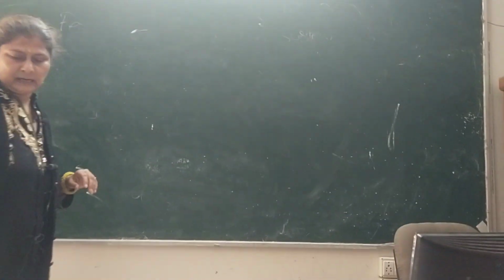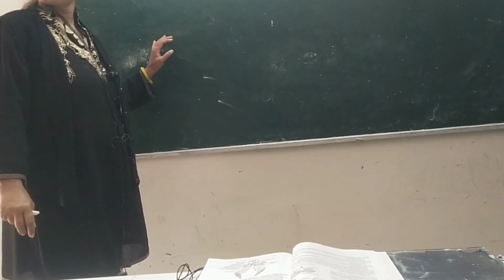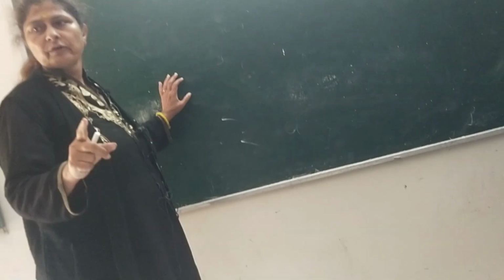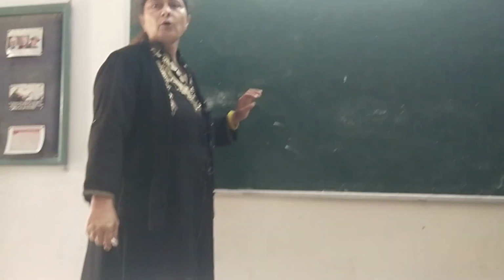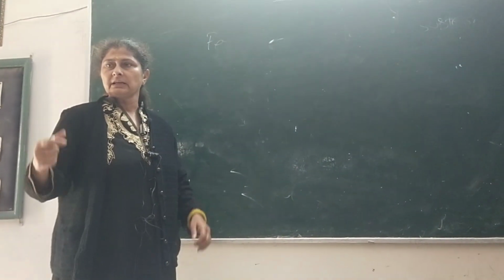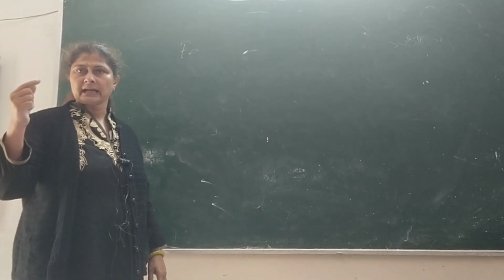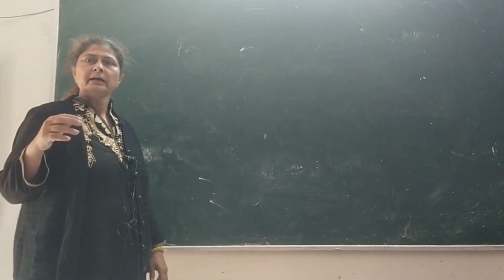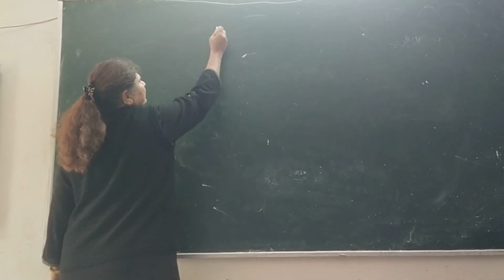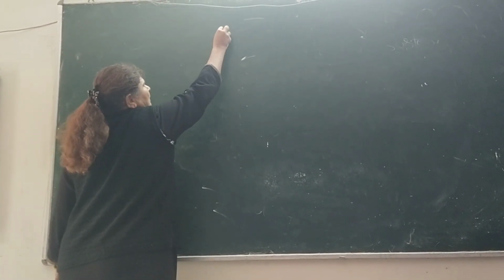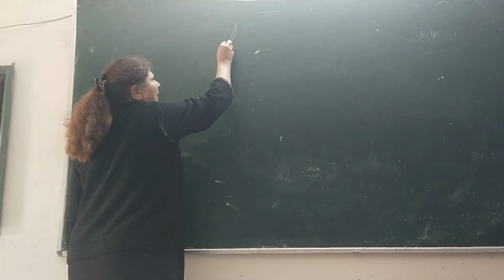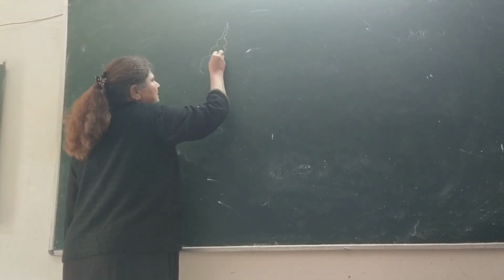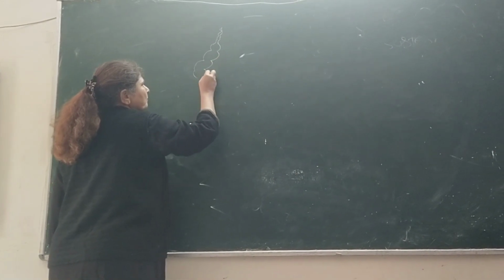First, there is one pair of ovaries. They start from the second segment and move up to the sixth segment. They are pointed at the starting point. After that they become large in size, broad.